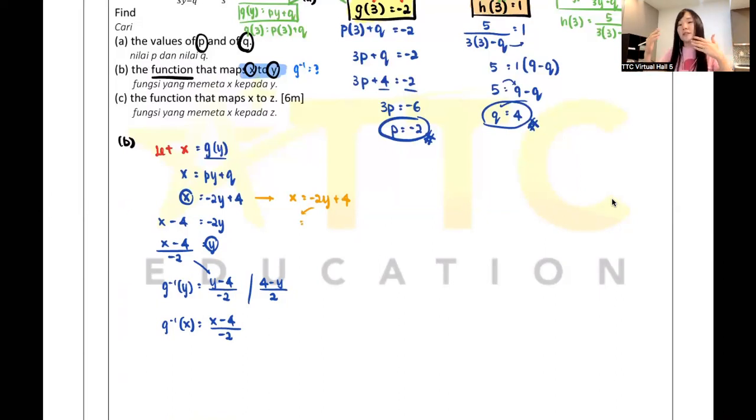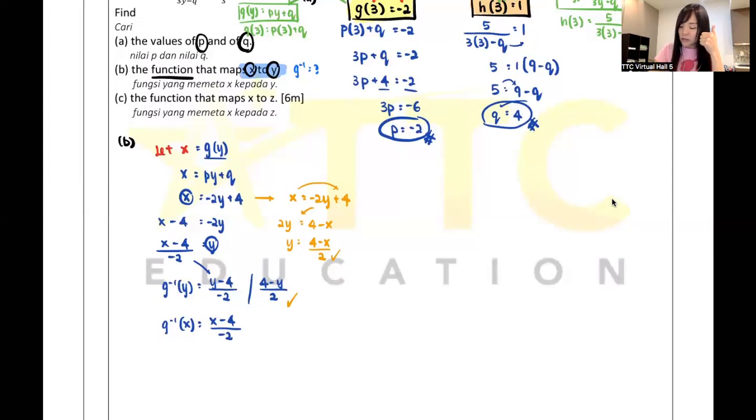It's just different people choose different sides. So you see -2y, you move it over, +2y. 4 is here. Plus x, you move it over, -x. So can you see the y is actually (4 minus x) over 2? Can you see it's totally the same? So it's just the side you choose to move. But at the end, both answers are considered the same answer.